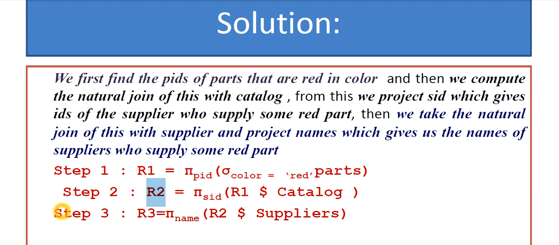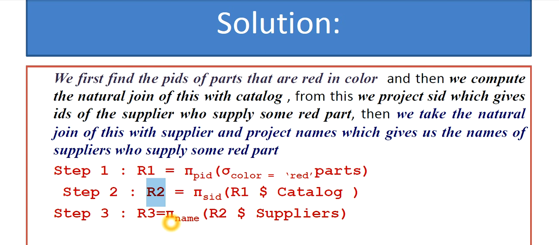Now in step 3, I first find the natural join of R2, meaning those suppliers who are providing red color parts, with suppliers. So the common values will be given to you. Common values means those values of suppliers who are providing the red parts, and their names are important for us.